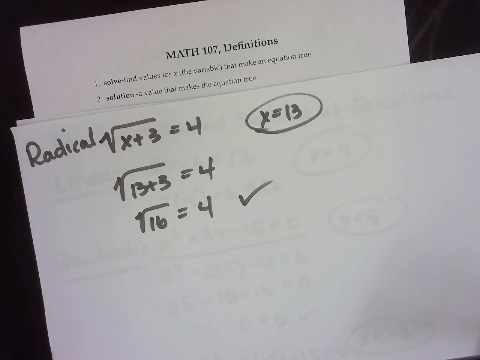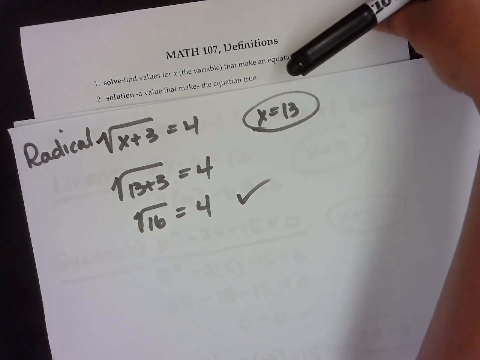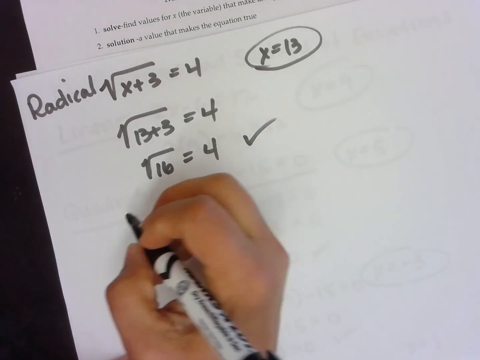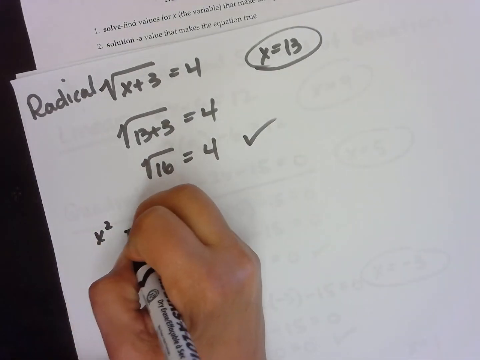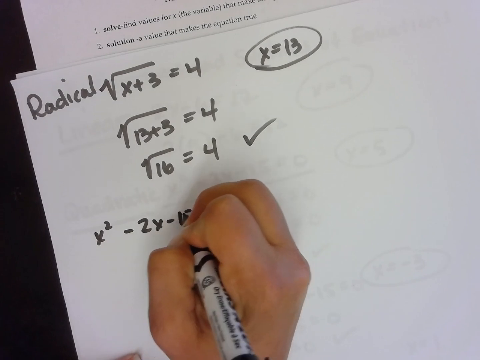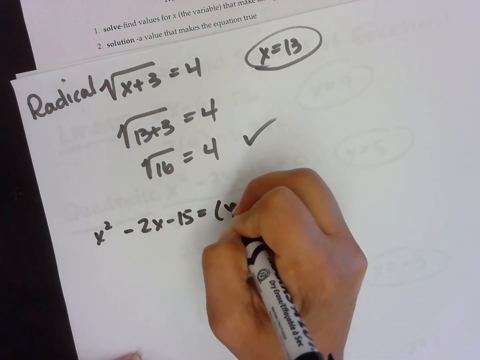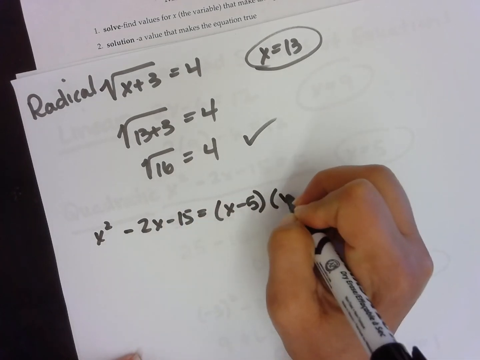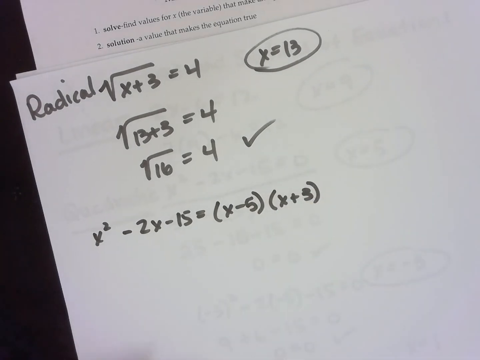Okay. So let's look at a couple of different types of equations. Again, I have x squared minus 2x minus 15 is equal to (x minus 5) times (x plus 3). So let's just plug in numbers for this and see what happens, okay?